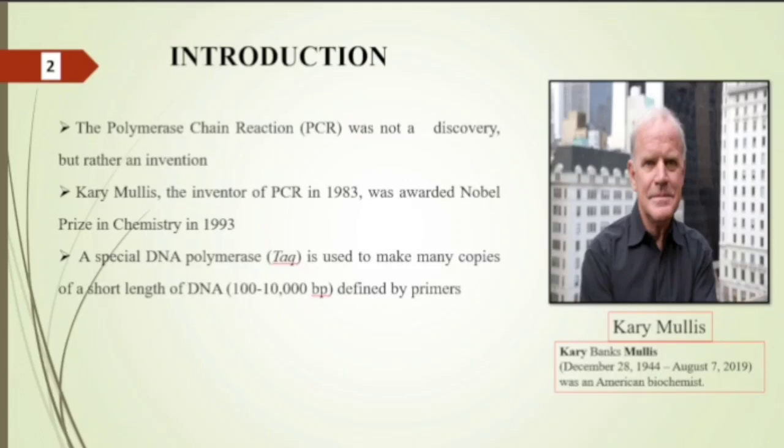A special DNA polymerase, that is Taq polymerase, is used to make many copies of a short length of DNA. That means defined length of the DNA will be produced in this method. Carey Banks Mullis is an American biochemist. He invented this method.